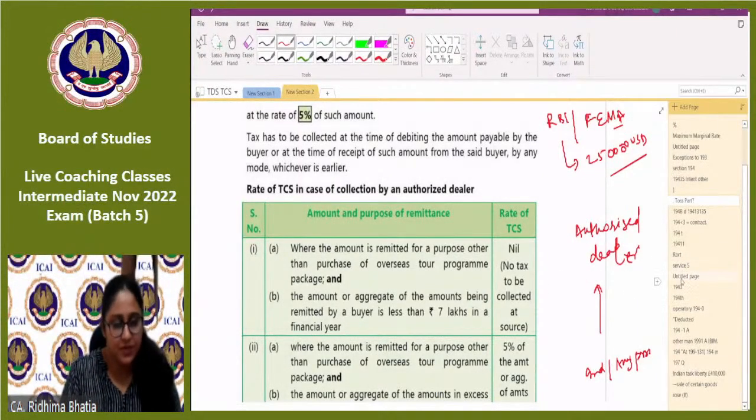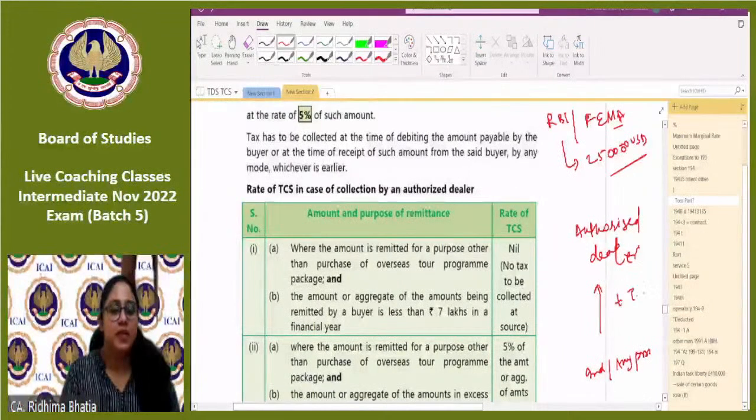So when you are giving the amount, they will collect TCS if the amount remitted outside is more than 7 lakhs in aggregate. They will collect TCS from you at the rate of 5% on the excess amount.